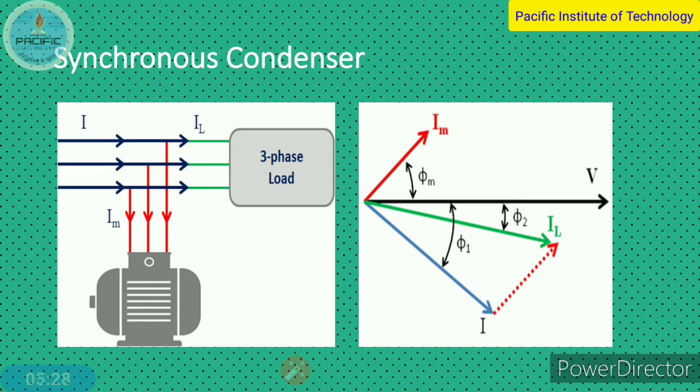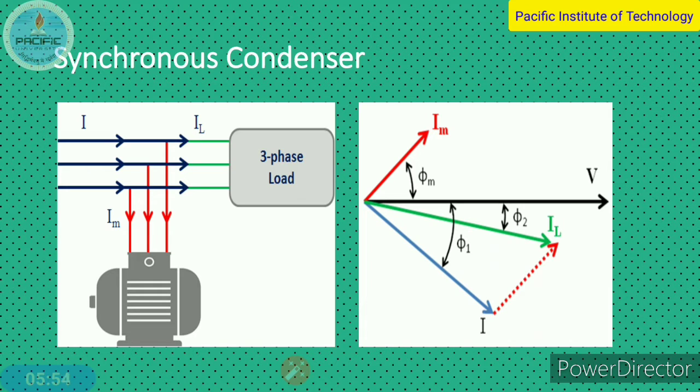Now in the phasor diagram we will find that the current IL drawn by the three-phase load is lagging by an angle phi 2. The total system current is lagging by an angle phi 1, and the current drawn by the synchronous condenser is leading the voltage by an angle phi m.